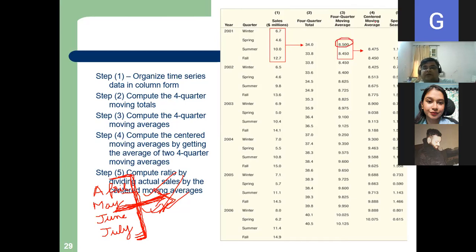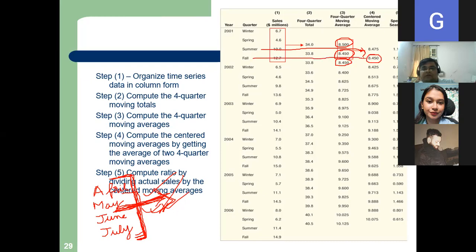In column 4 we do the centering of these two. These two we center and write in summer. Very simple. It is very long, the calculations are very long, but it's not tough. Then we take the next two, 8.45 and 8.45. The average of these two is 8.45 only, and we write it in the fall.